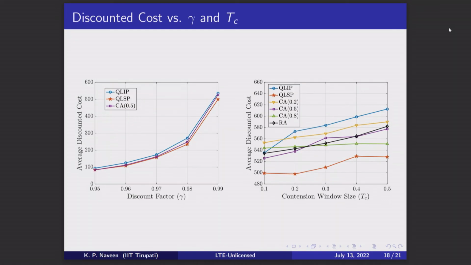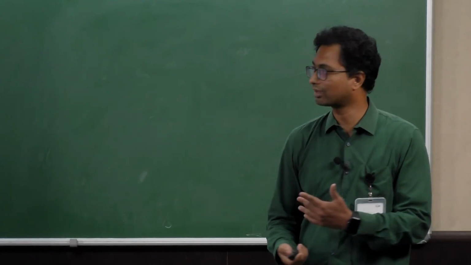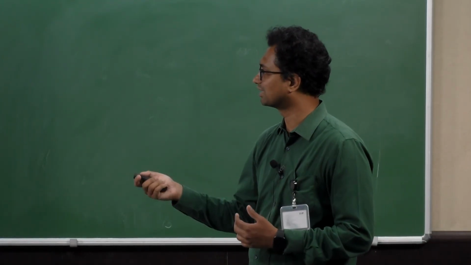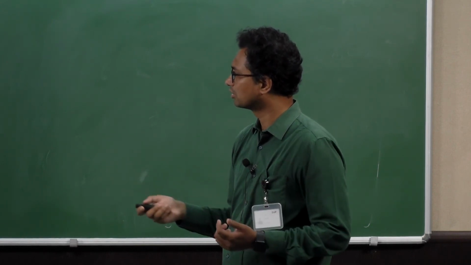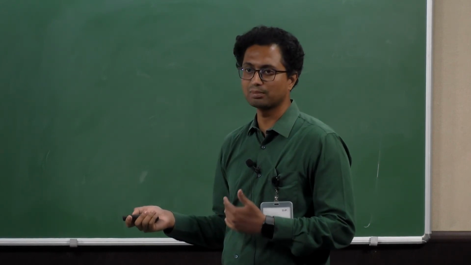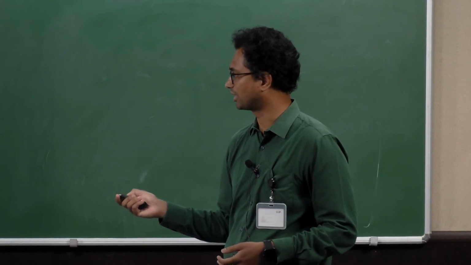Once I vary the contention window size, it's not easy to guess which constant algorithm or heuristic does best, or even if there is a heuristic that will do well. So the learning algorithm is very useful in these contexts.